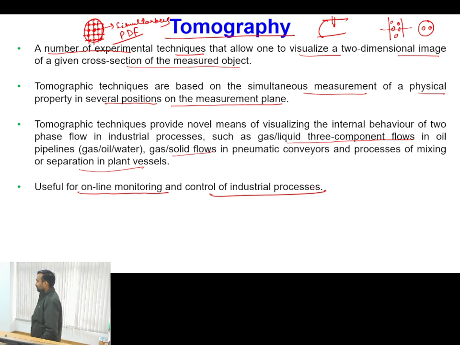Likewise, if you have any industrial process, depending upon the nature of the industry and the processes involved, we will have a large number of multiple components which are simultaneously connected to each other and operating under controlled conditions.